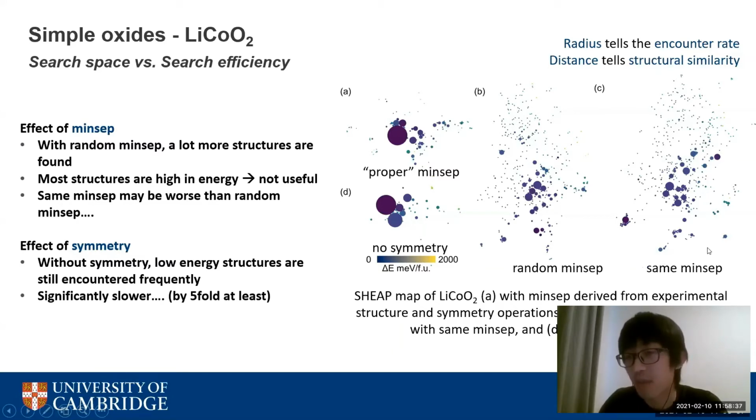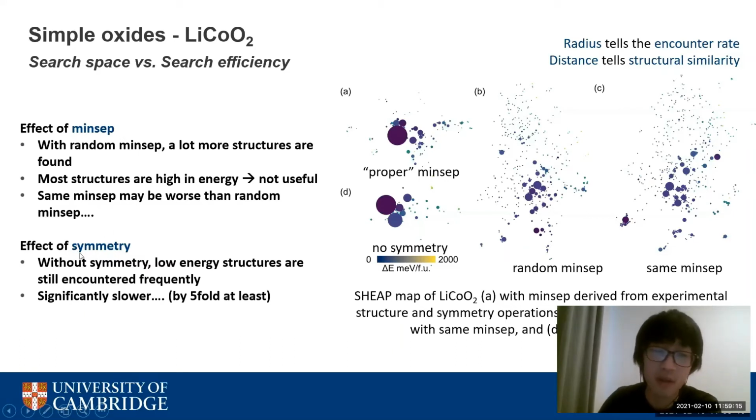Similarly, if we set the minimum separation to be the same value, instead of a list of different values, then we also get this wide dispersion of local energy minima, and the encounter rate of the low energy polymorph is still very low. So basically what I want to say is that the minimal separation is very important. It is really critical in an efficient search of the structures. I will tell you how we can get this value from ab initio search later.